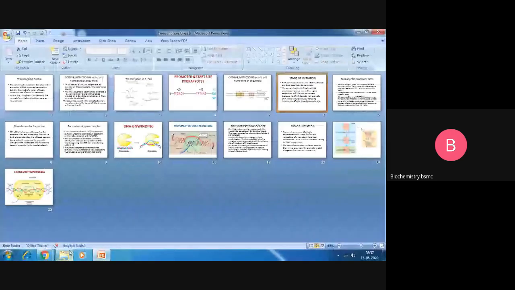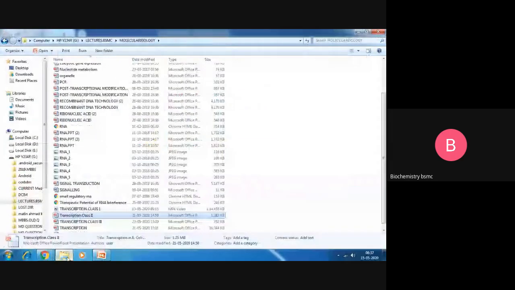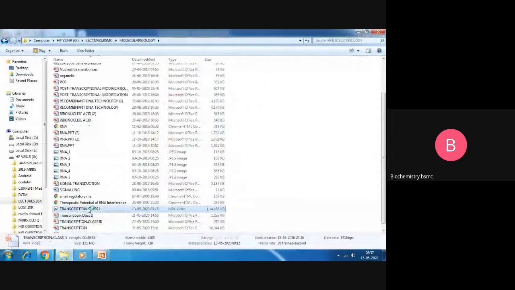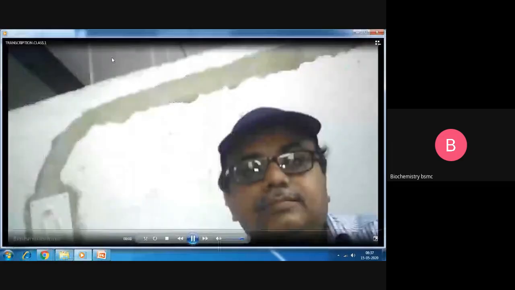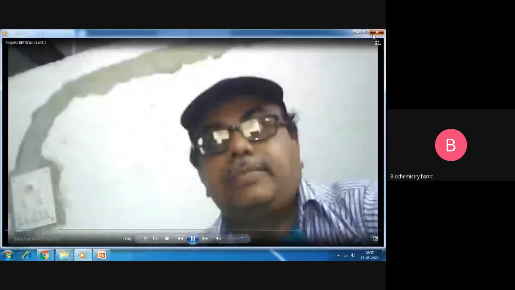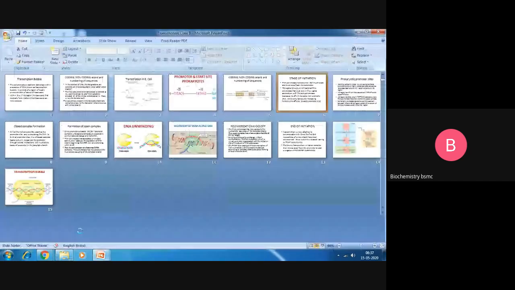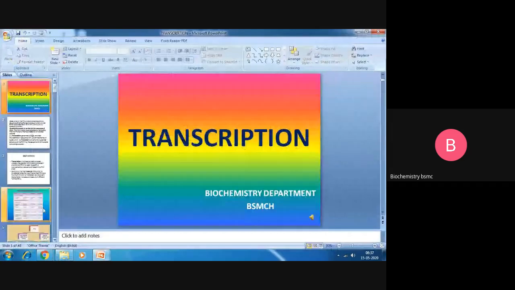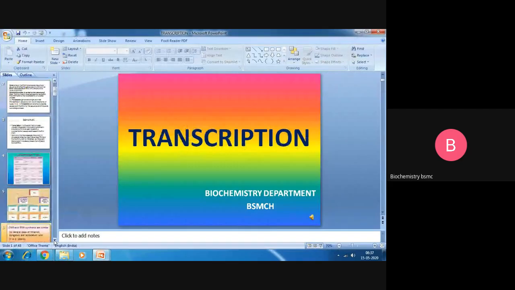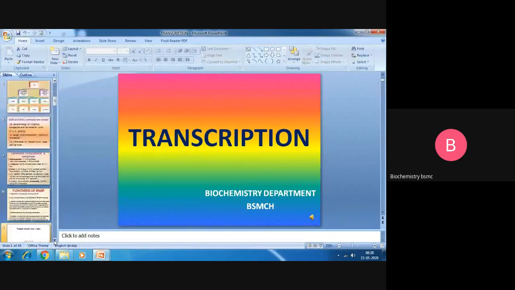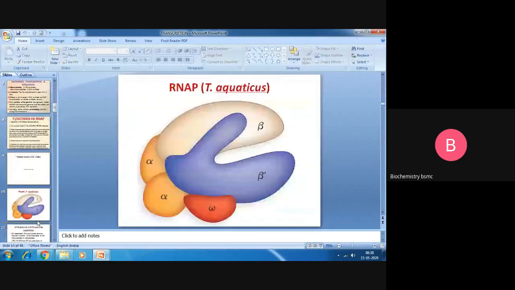Let us see the diagram once again. We just go back to the class where we see the structure of the holoenzyme or the core enzyme.